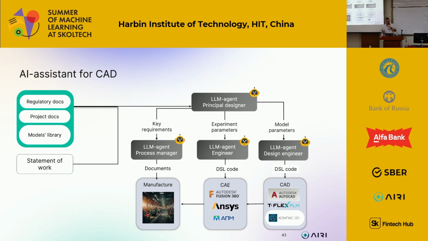And in general, if we speak about computer-aided design, there are several types of agents that can be used for engineering tasks, design engineering, as I showed before, and even process managing. All this information can be combined in a general assistant mode, where a large language model can be used as a connection not only for different types of data or modalities like point clouds, images and so on, but also as a mechanism for interpretation of this information, for working with code, and for creating combinations between tasks for communication.